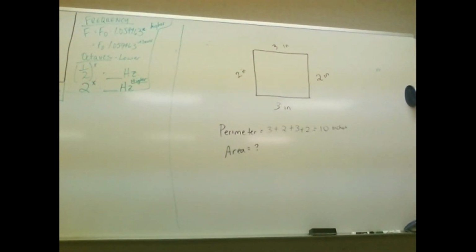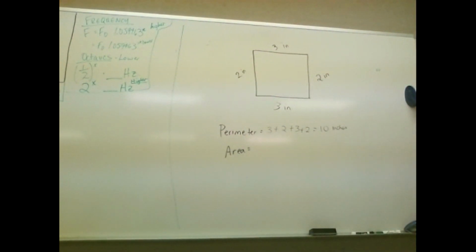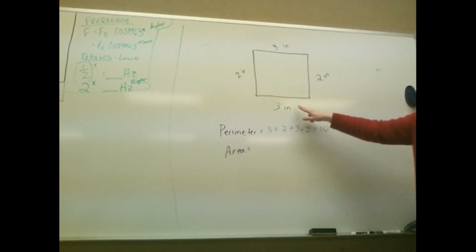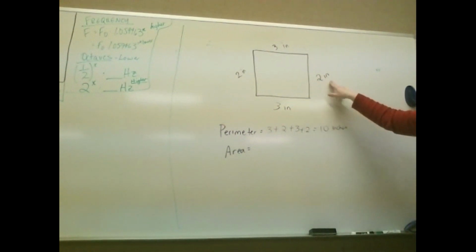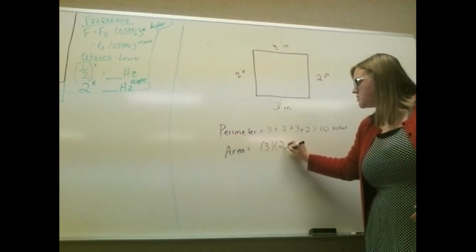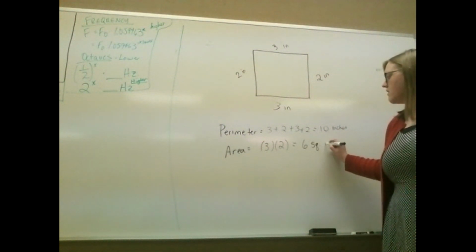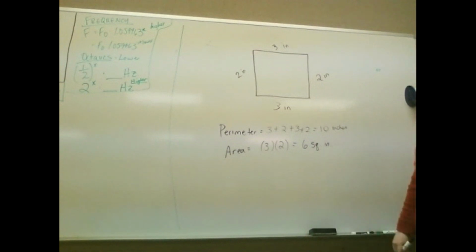If you're talking about an actual object that has units, make sure and put those units in your answer. And then your area, since this is a rectangle, we know that the area is length times width. So the area is 3 times 2, which gives us 6 square inches.